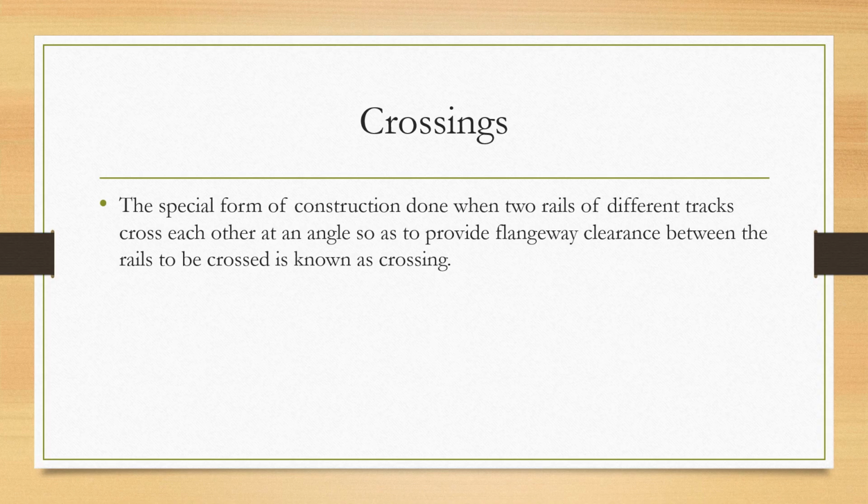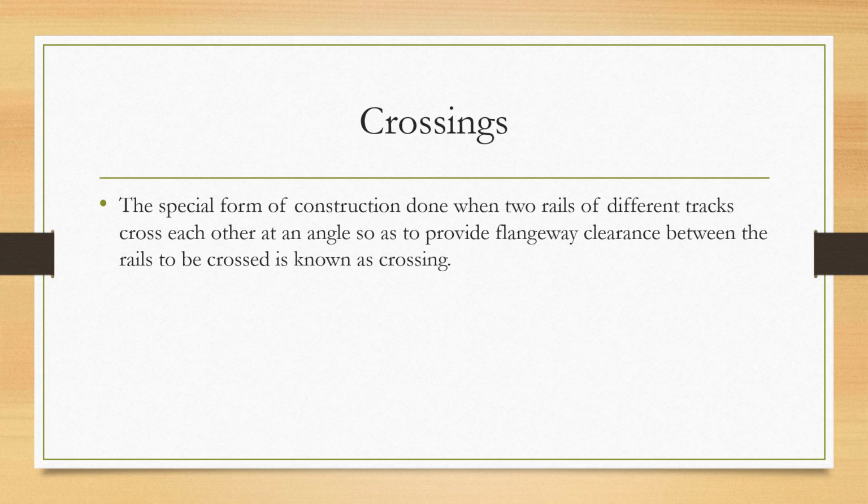This type of crossing mainly consists of a point rail and a splice rail. Acute angle crossing is mostly used on Indian Railway.